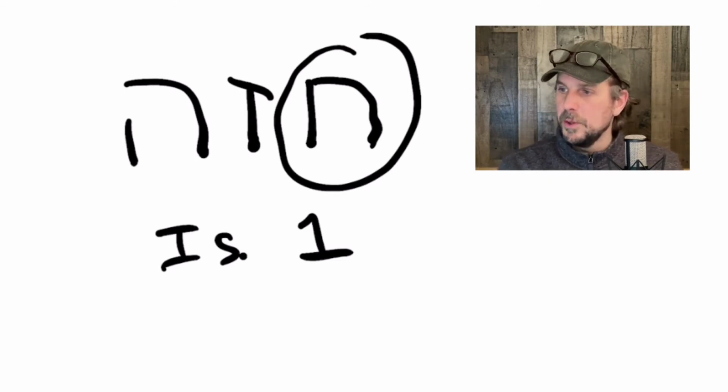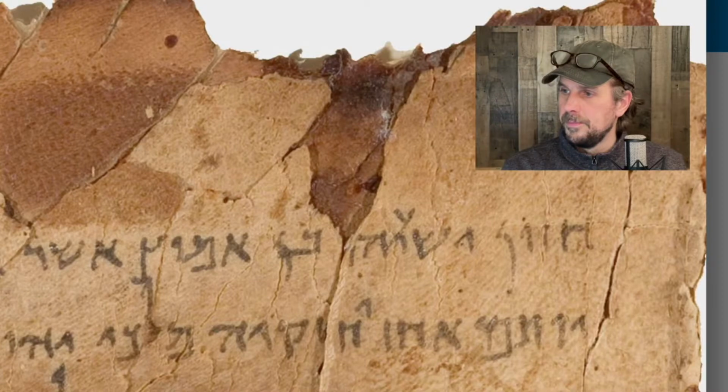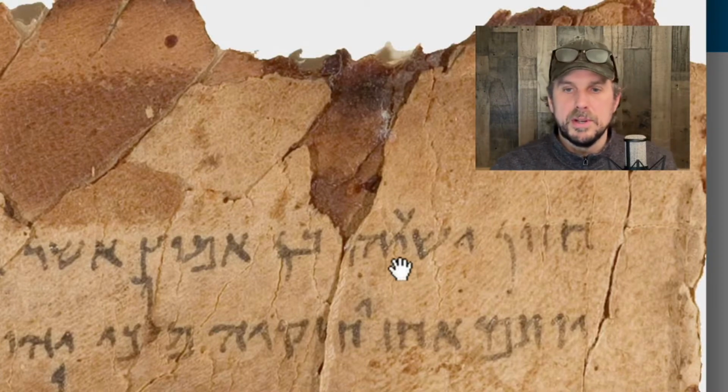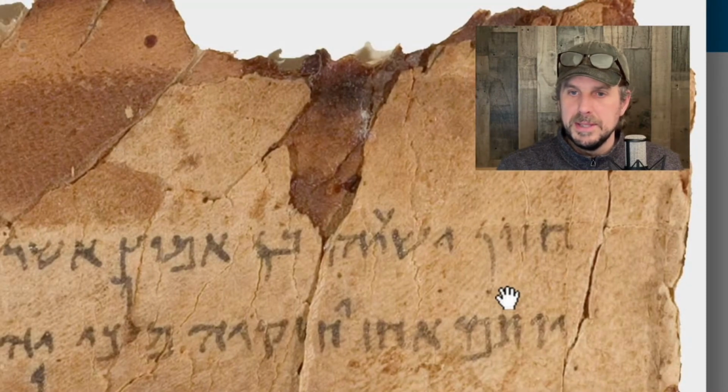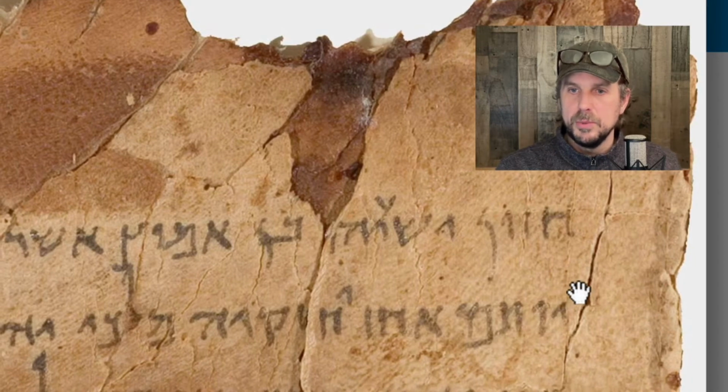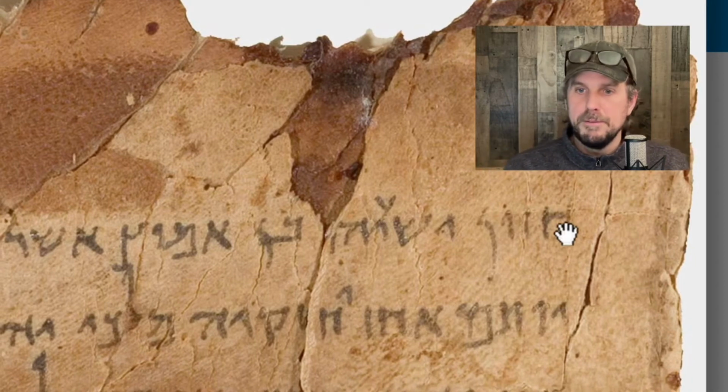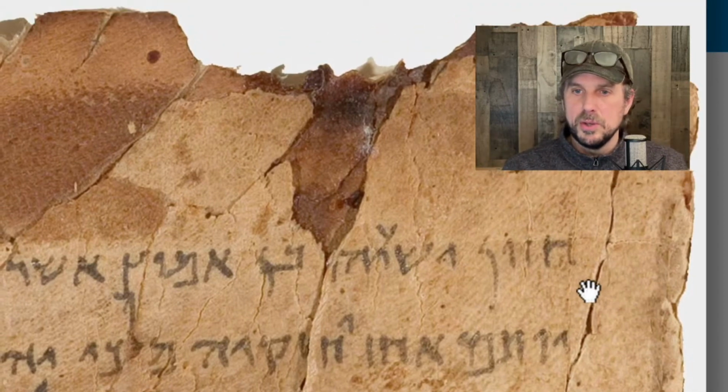So let's look at the great Isaiah scroll. Here we go. This is our scroll that's nearly 2,200 years old. And the very first word here is chazon: Chet, Zayin, Vav, and then a Nun. We haven't learned the Nun yet, that N sound.